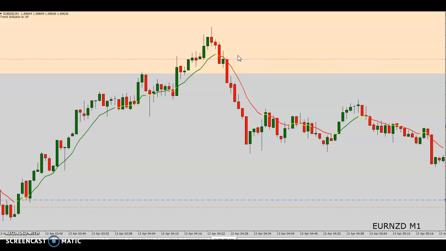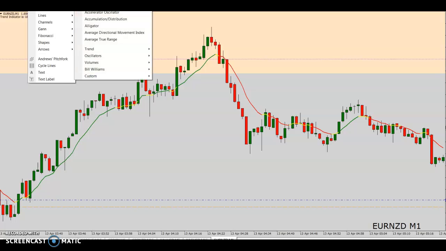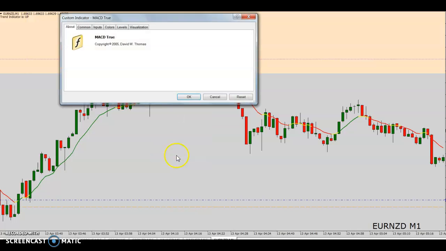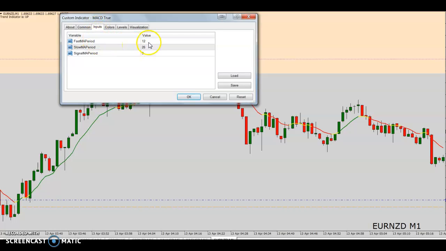Let's see here. Show you two other indicators that I use. One is the regular MACD, and I've changed the inputs. Instead of 12, 26, 9 on the 1 minute, I need my MACD to react quicker to price change.